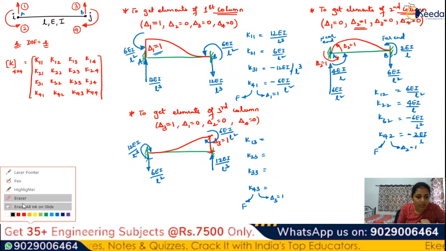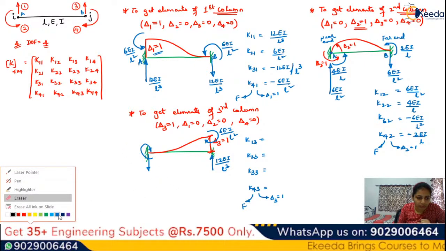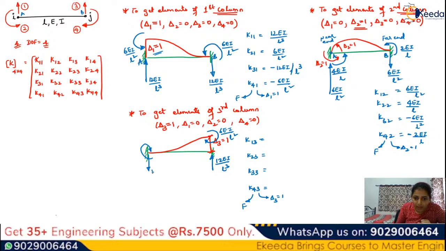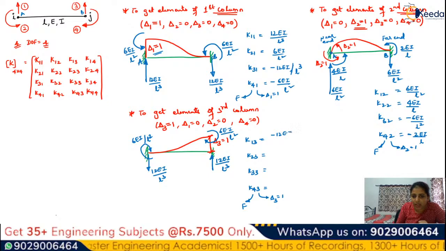So coordinate 1 is the vertical reaction. How much is the vertical reaction? Here also I've written it wrong. Okay, so the vertical reaction is 12EI by L cube and the moment developed is 6EI by L square. Here the reaction is upward, here it is downward, so minus 12EI by L cube.